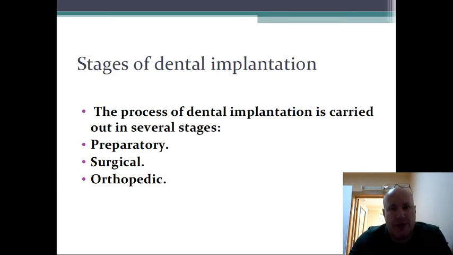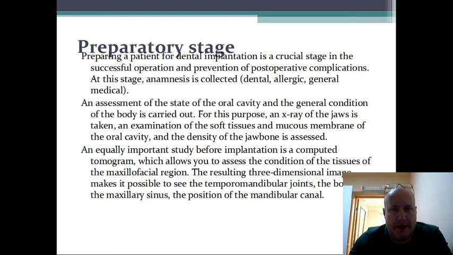Stages of dental implantation. The process of dental implantation is carried out in several stages: preparatory, surgical, and orthopedic. Preparatory stage. Preparing the patient for dental implantation is a crucial stage in the successful operation and prevention of postoperative complications.